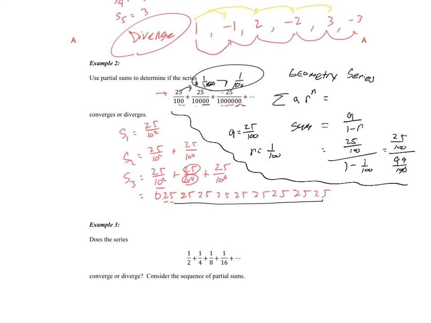If you flip and cancel out, those 100s are going to cancel out. So then our sum is going to be 25 over 99. So if you write that out, or you consider why there's a repeating decimal, that's how we're getting that decimal. You can have a series of terms here create that same decimal quantity. So to answer the question, yes, it's going to converge.